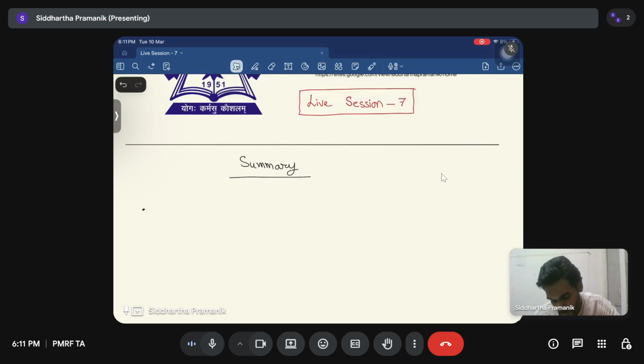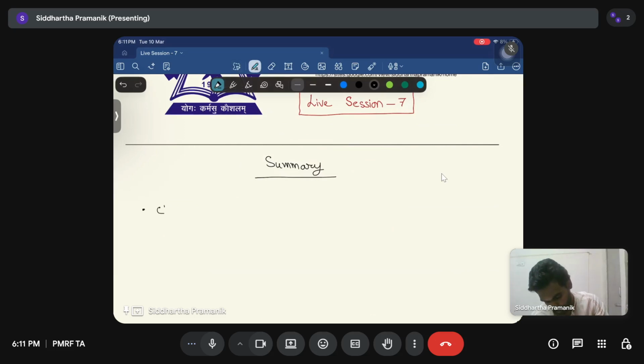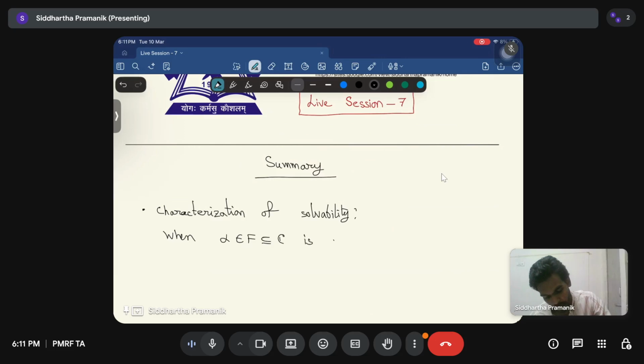Basically, it's a group theoretical characterization, the characterization of solvability, for when an element alpha belonging to a field which is a subfield of C is solvable. So we have seen some group theoretical characterization for this.